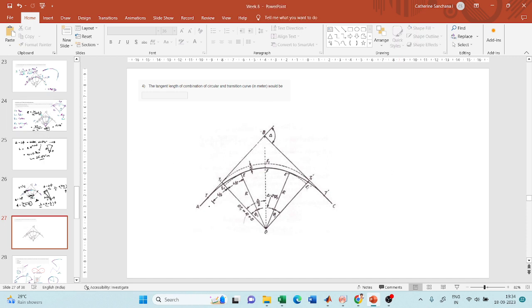So they are asking me to find out the tangent length of combination of circular and transition curve.